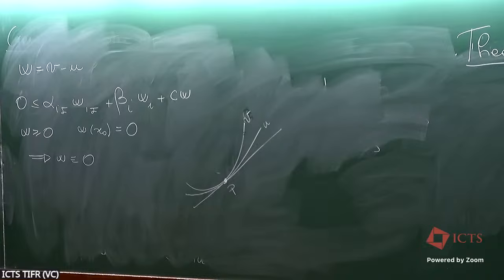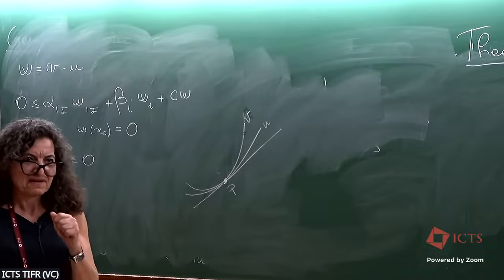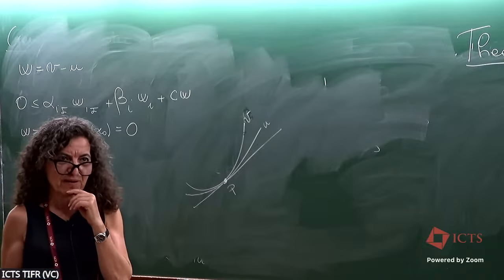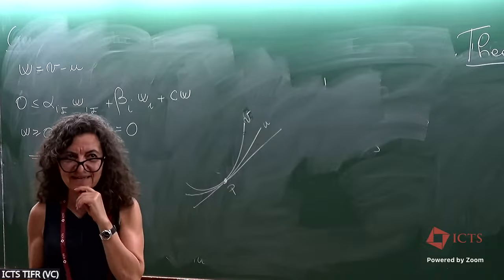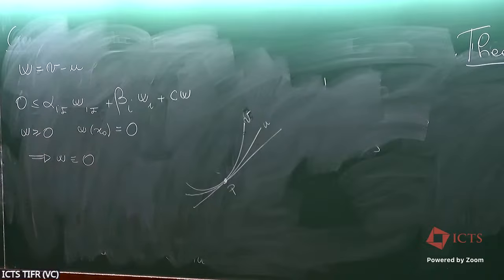Sorry? In the parabolic case? I think so, for the linear case. It's in the book by Protter and Weinberger, the linear case, but I don't know the details about that. So for the linear case, the Protter and Weinberger book is the one to look at.